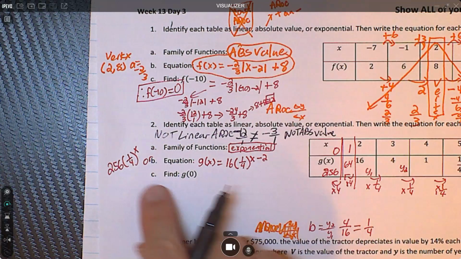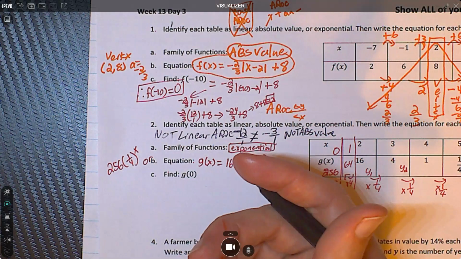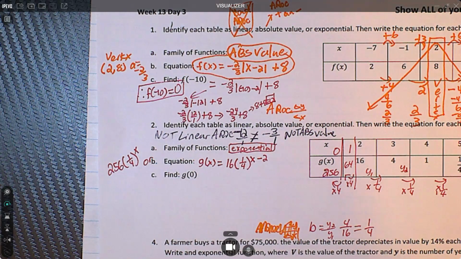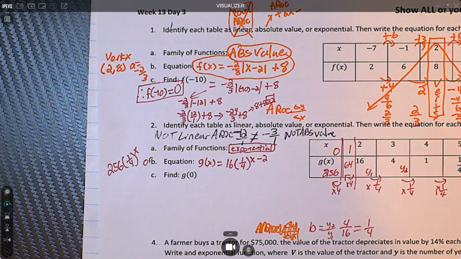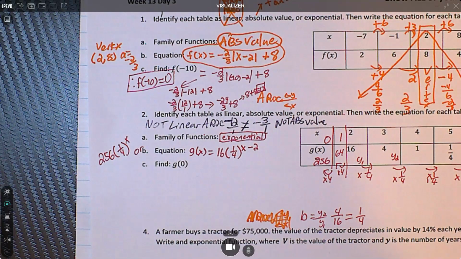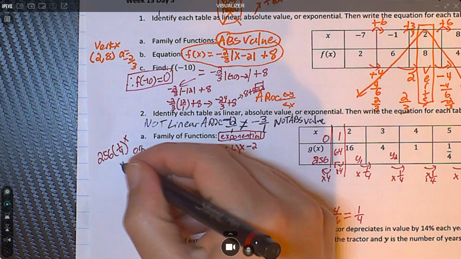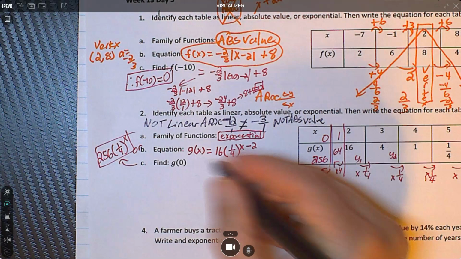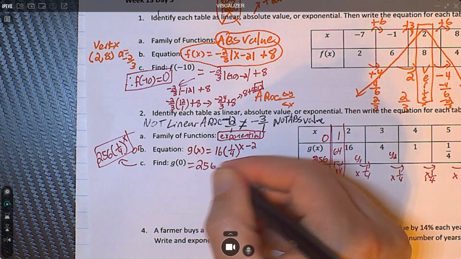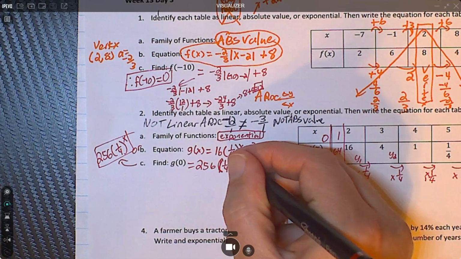So we look here, it doesn't matter which one you plug in for it, okay, if we got to find x of 0. Alright, so if I go with, I like to go with this one, so 256 times 1/4 to the 0.